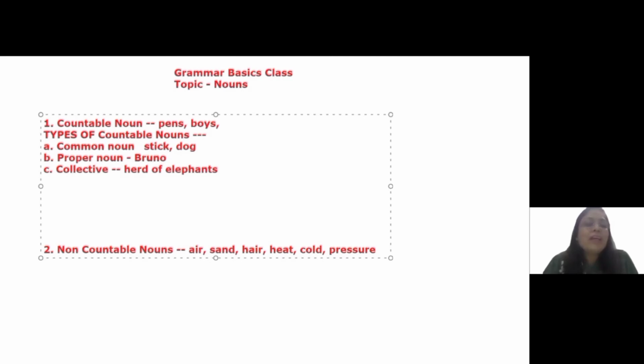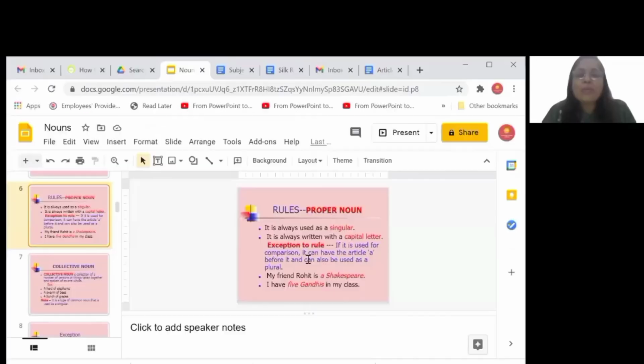Very well. Let us have a look at some more examples. I want to show you some examples of proper nouns. A proper noun is always used as a singular noun. Why? Because it is the name given to a particular person or animal or thing or even a place like a city.